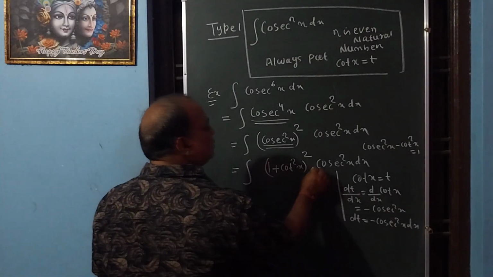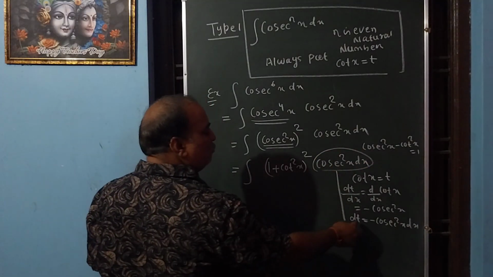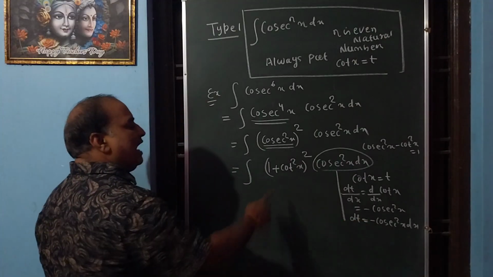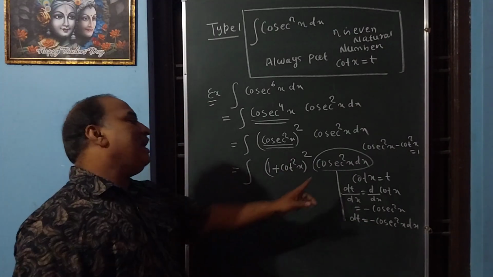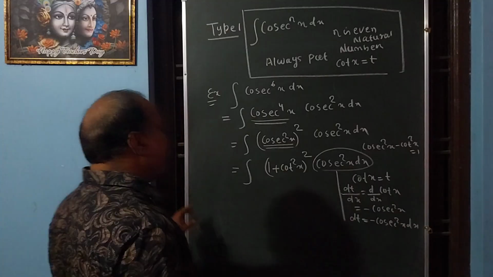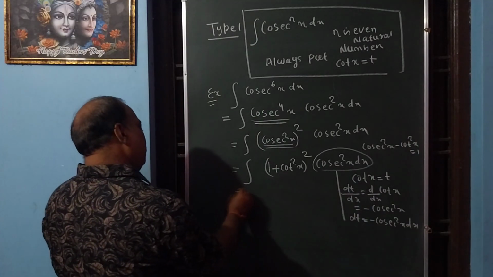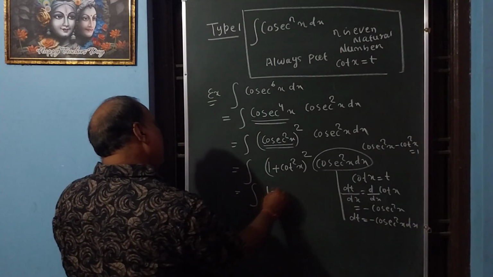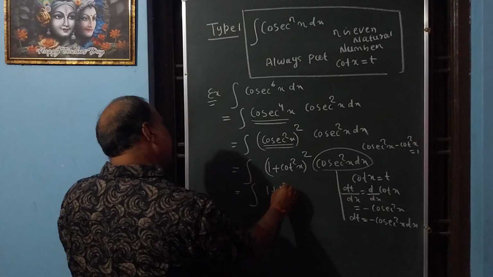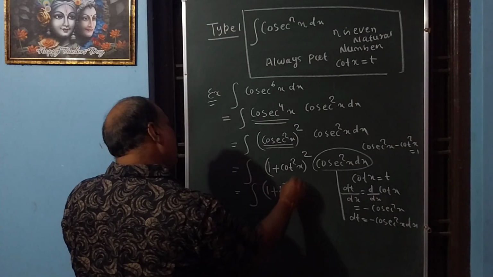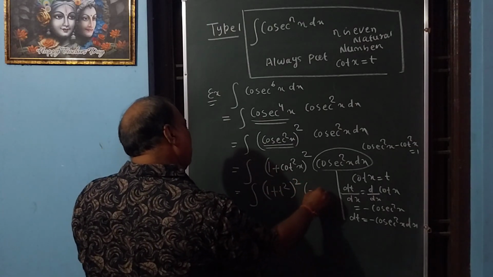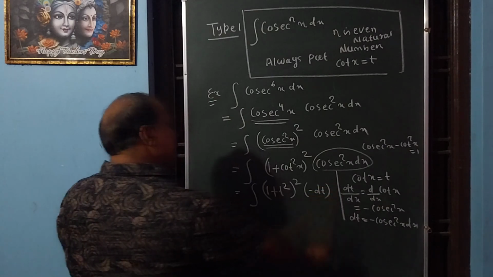In place of cosec square x dx, we put minus dt, and in place of cot x, we put t. The integral becomes integration of (1 plus t square) whole square into minus dt.